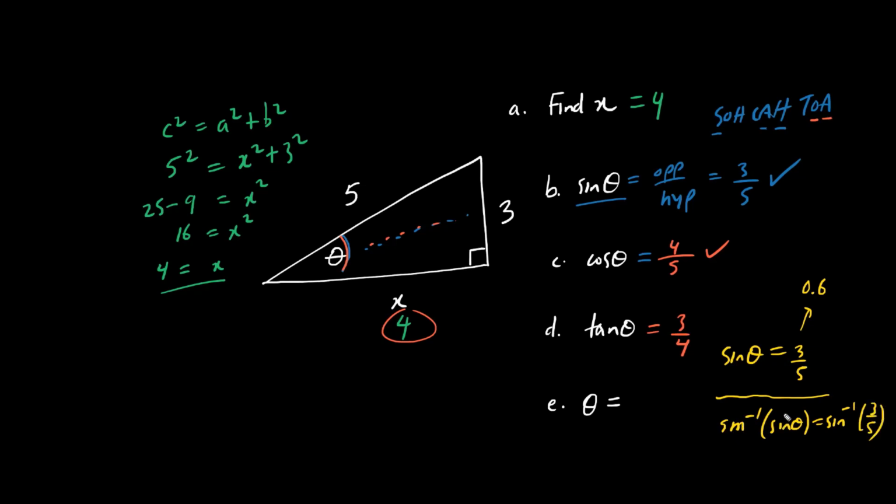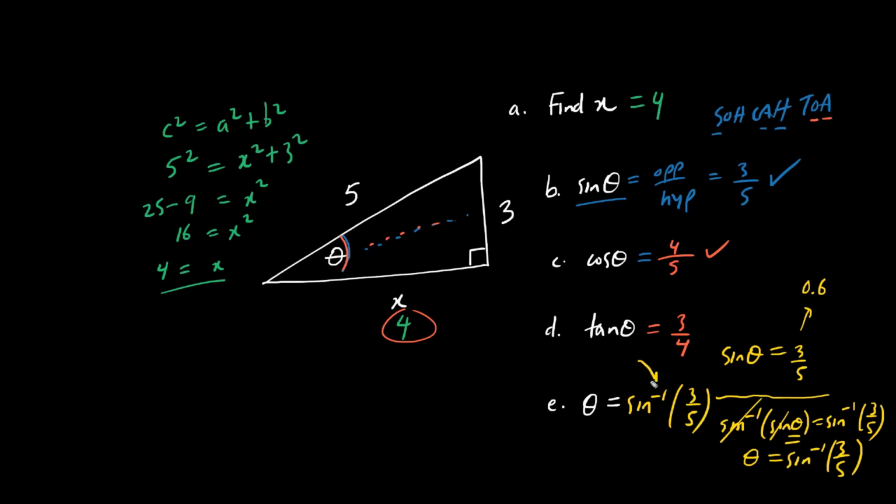The function sine and its inverse cancel, revealing theta. If you can't remember that, just remember that theta is revealed by hitting the sine inverse button. Sine inverse of that same fraction, 3 over 5. So theta is sine inverse of 3 over 5.